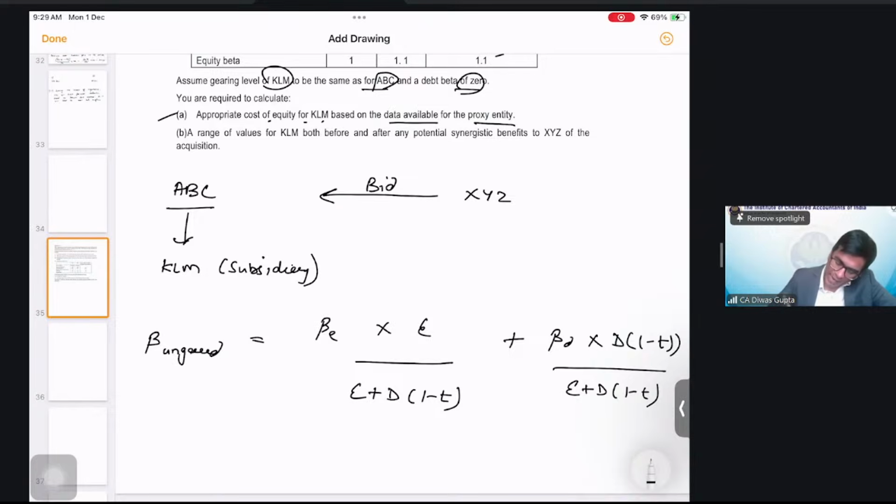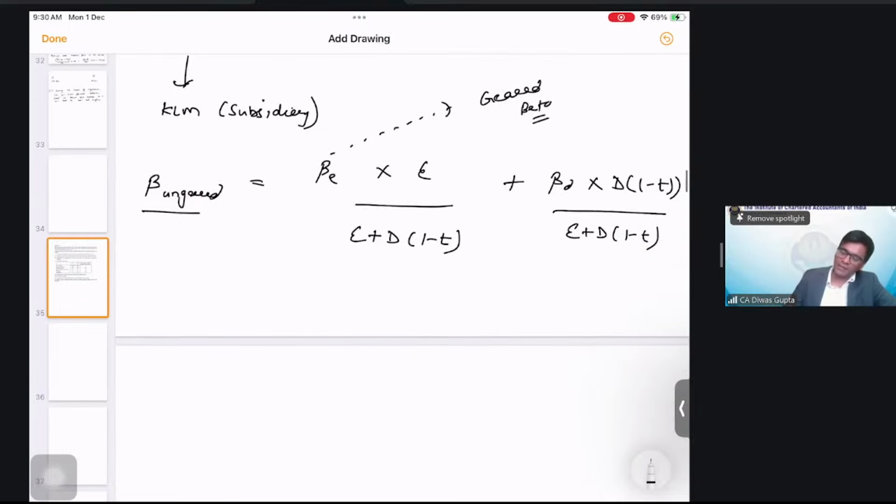Okay. And this beta is actually called the geared beta. And the beta ungeared is the one where there is no presence of debt. Okay. So these are the two different terminologies.